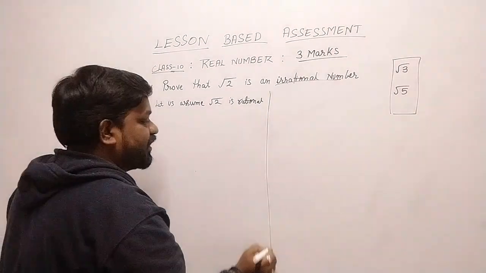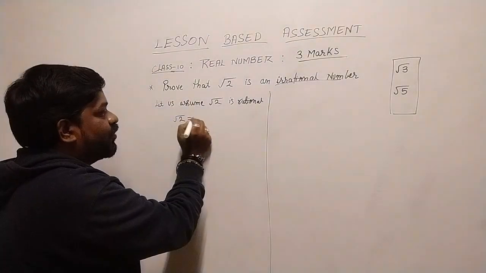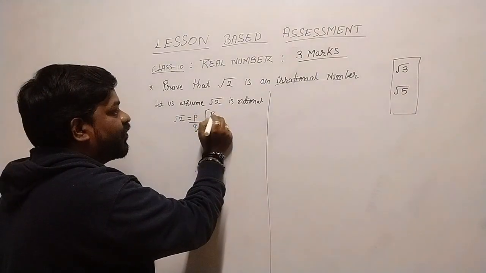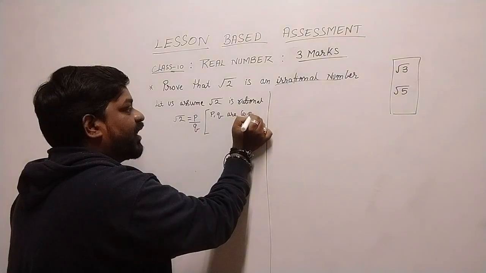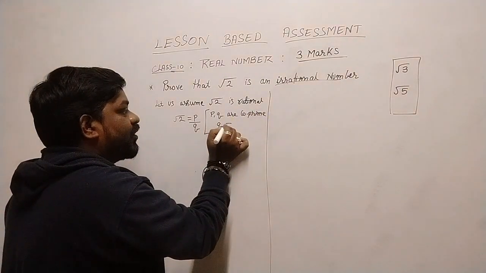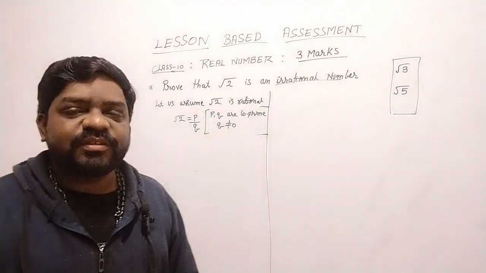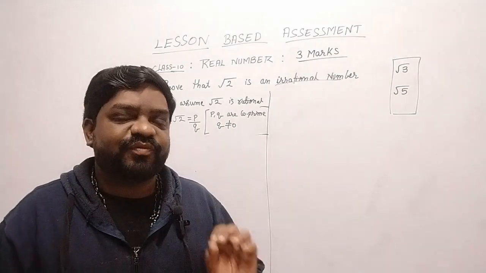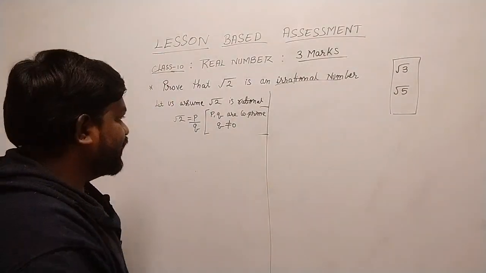Since we are assuming it as a rational number, we can write root 2 in the form of p by q, where p and q are co-prime numbers and q not equal to 0. Co-prime means both the numbers should have a common factor as 1. Apart from 1, no other number should be there.